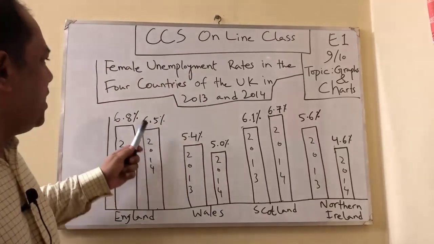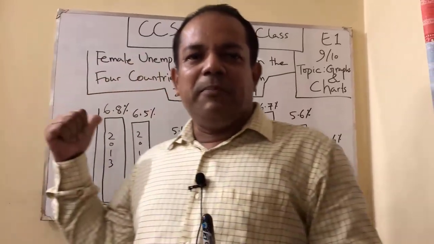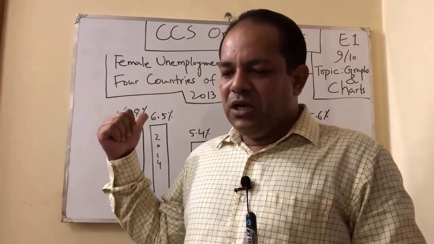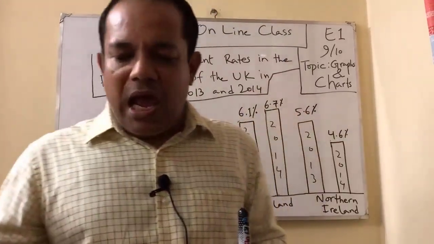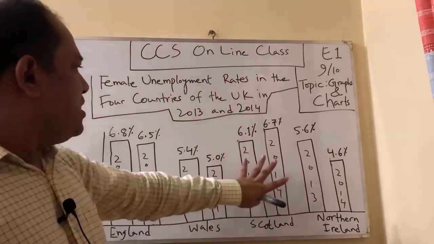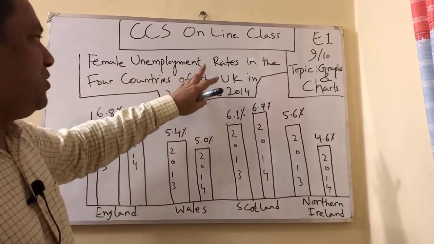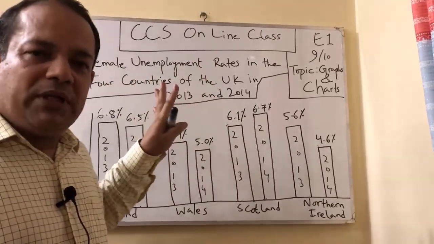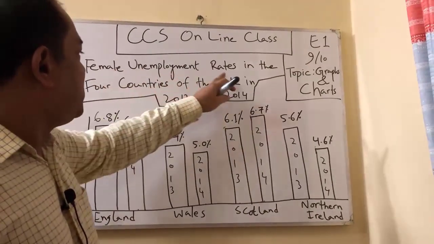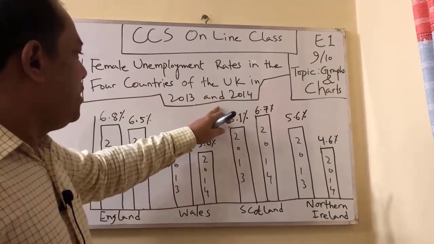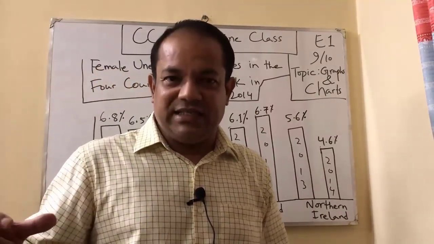The first sentence should be: the given bar chart shows the unemployment rates among women, as we have told here, female unemployment rates. So the introduction would be: the bar chart shows the female unemployment rates in the 4 countries of the UK in 2013 and 2014. So this would be our introduction sentence.